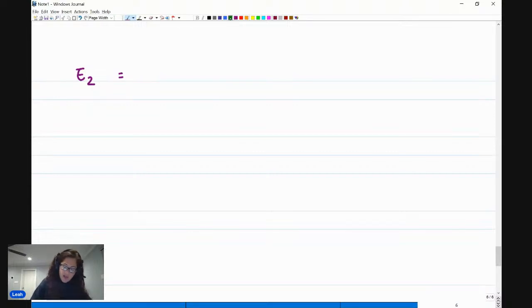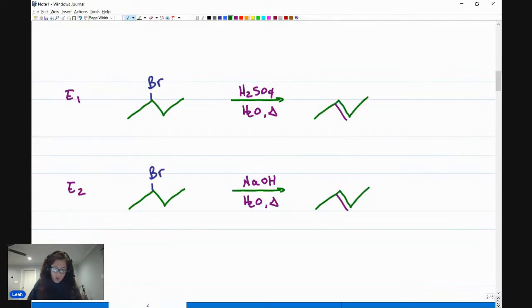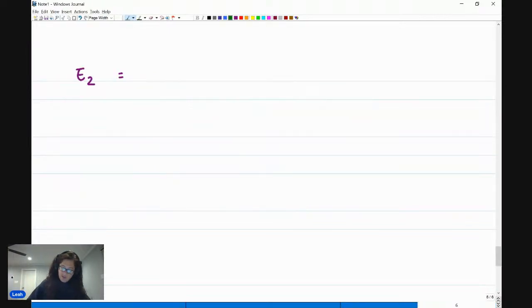The E2 reaction is very similar to E1. In fact, if you remember, we opened with the same starting molecule, the same product. The only thing that changed was the reagent. So let's take a look. The E, first of all, has a hidden beta in front of it, and now we already know why it's called beta.